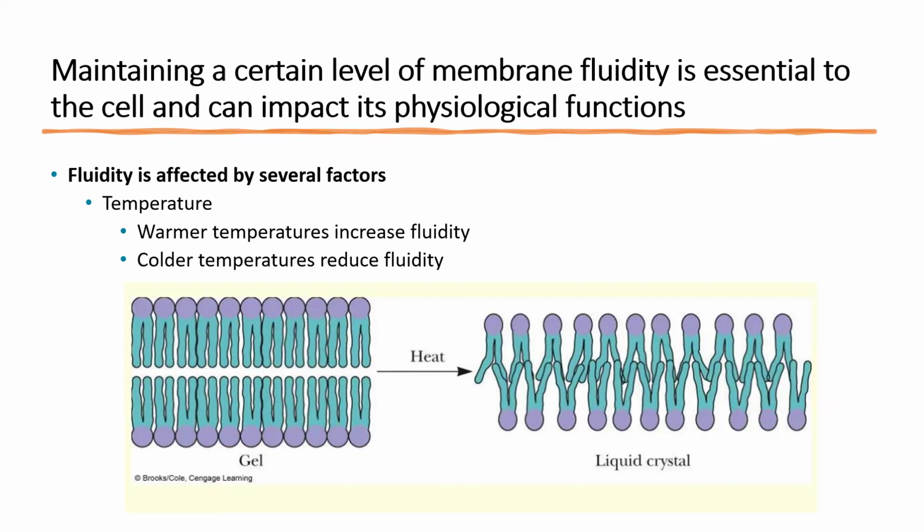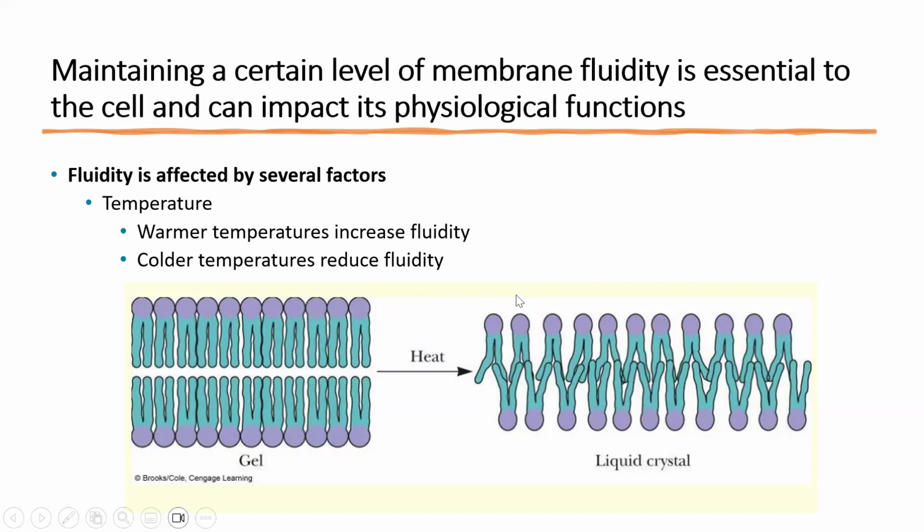Now, the fluidity can be affected by things other than simply the saturation level of your fatty acids. Temperature can affect fluidity. So in this case, as you heat it up, you get what's called a liquid crystal alignment, where you get these changes in how these fatty acids align to each other.